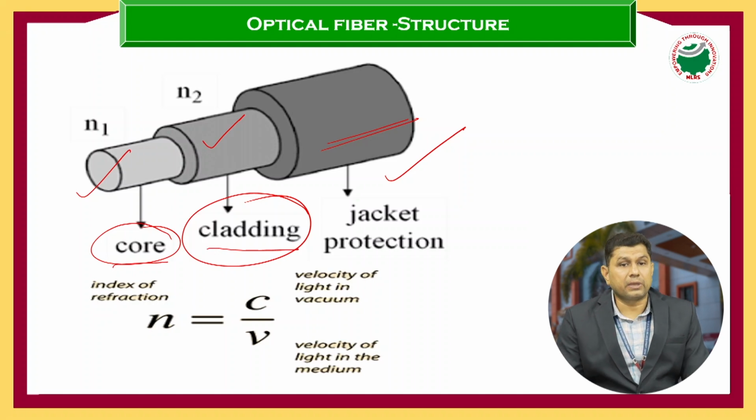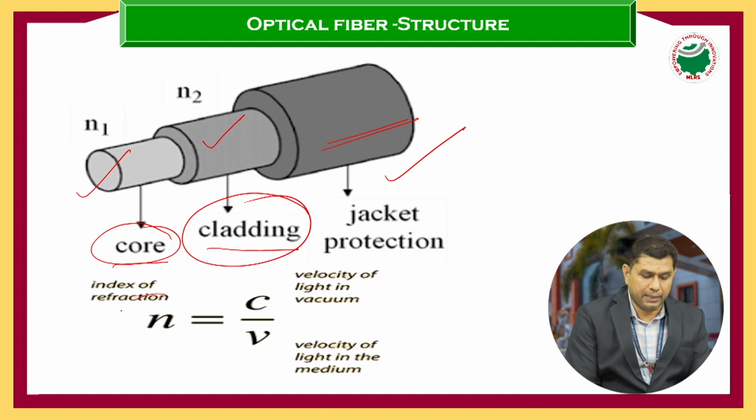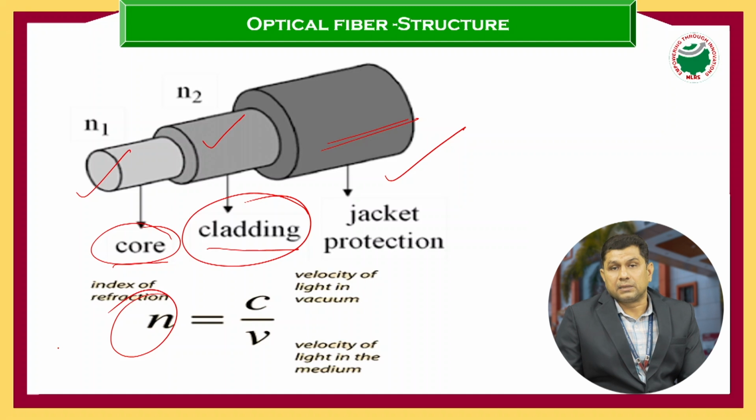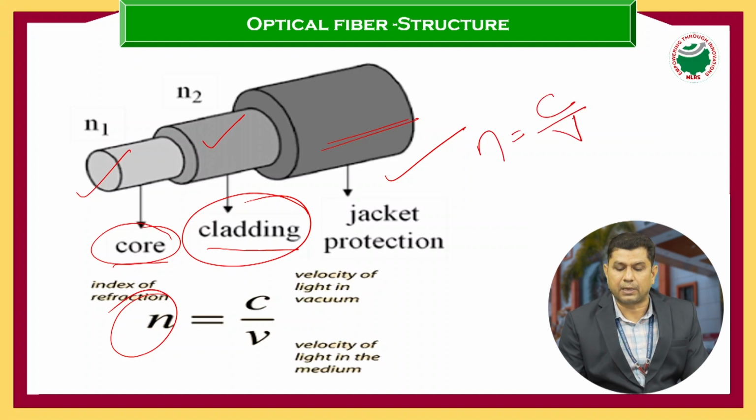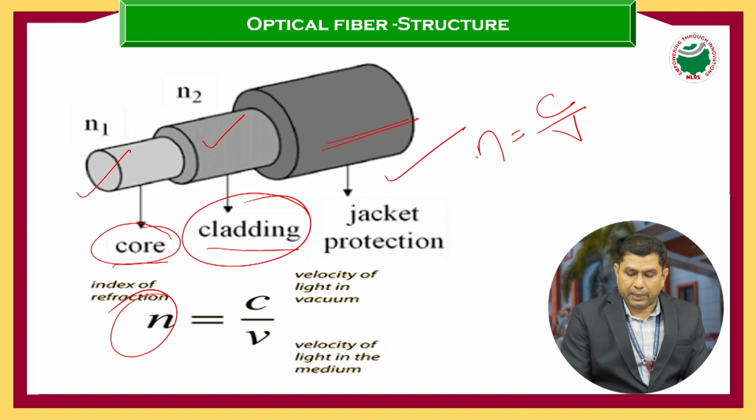Before discussing the importance of core and clad, first we will try to understand the refractive index. This is the major factor that plays a vital role in carrying the signal. First of all, what is a refractive index? Refractive index is the ratio of the velocity of light in vacuum to the velocity of light in a medium.